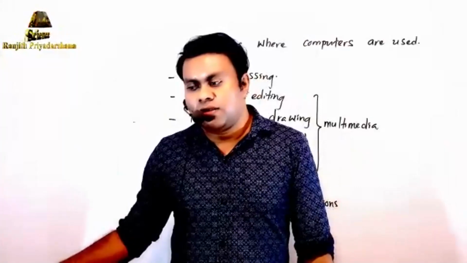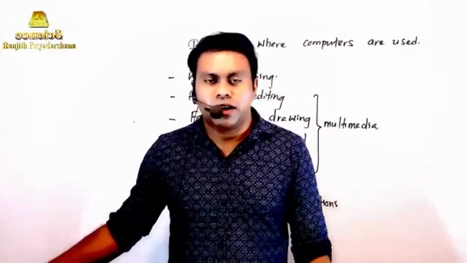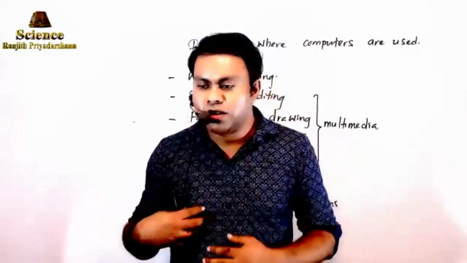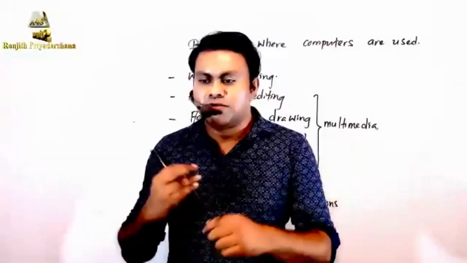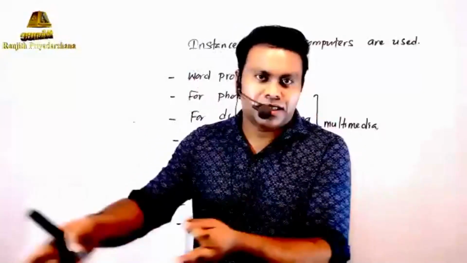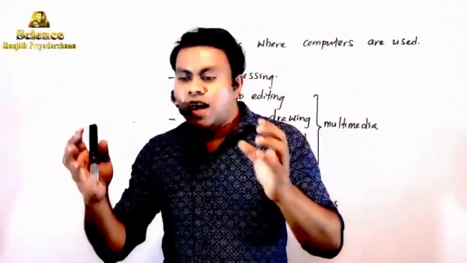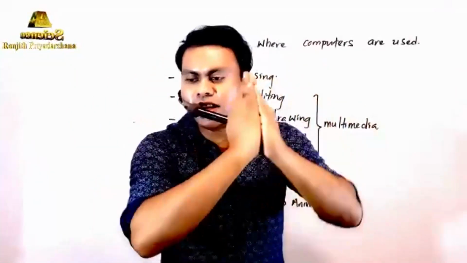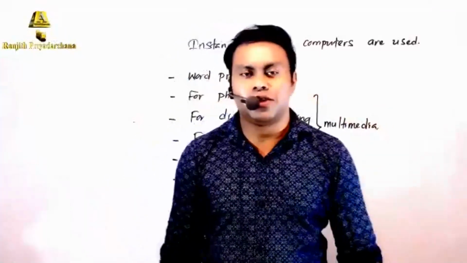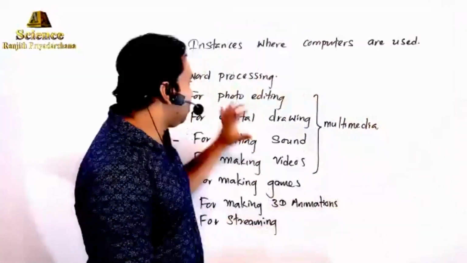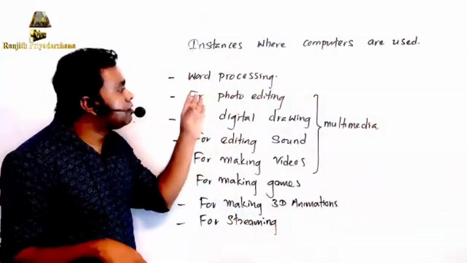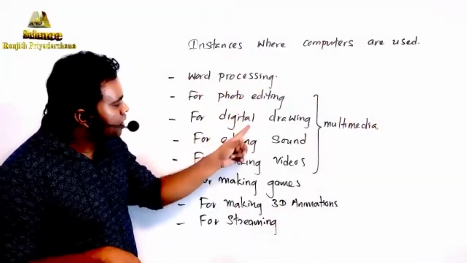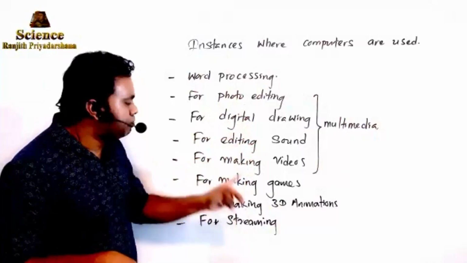Okay, so for this purpose we have to link all the things. My sound I pass to the computer through a wire. So that sound and video through this camera are processed by the processor and give out a single video. Okay, so this is processing. So what happens inside as a processing, and these are the instances where we use that processing process of computer.